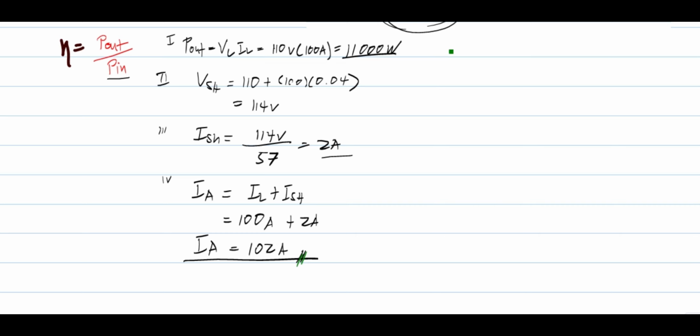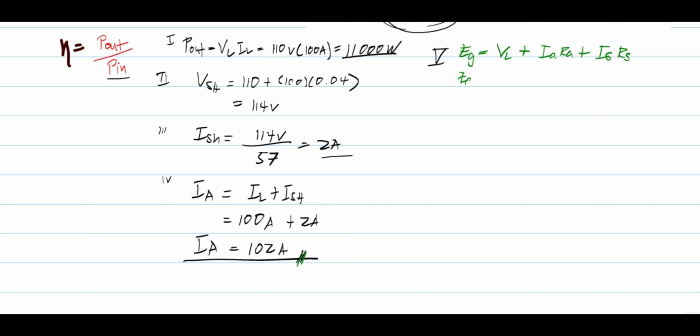So what is the formula of EG? EG is equal to VL plus IA RA plus IS RS.